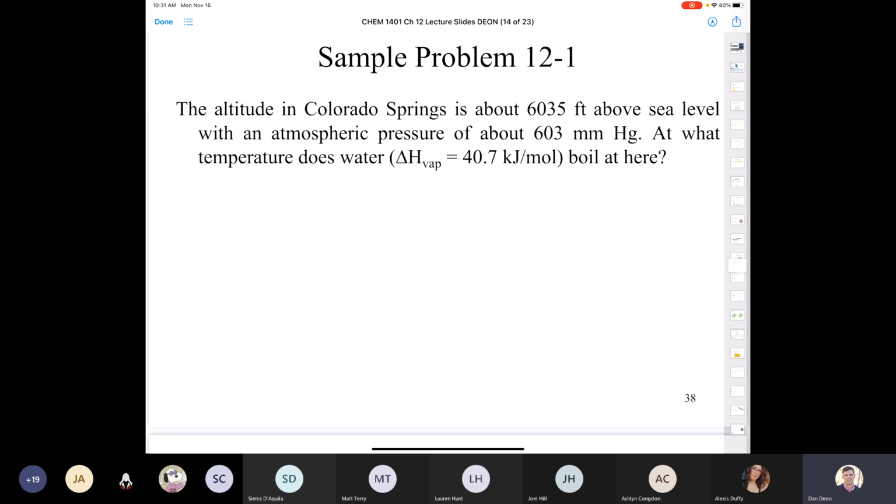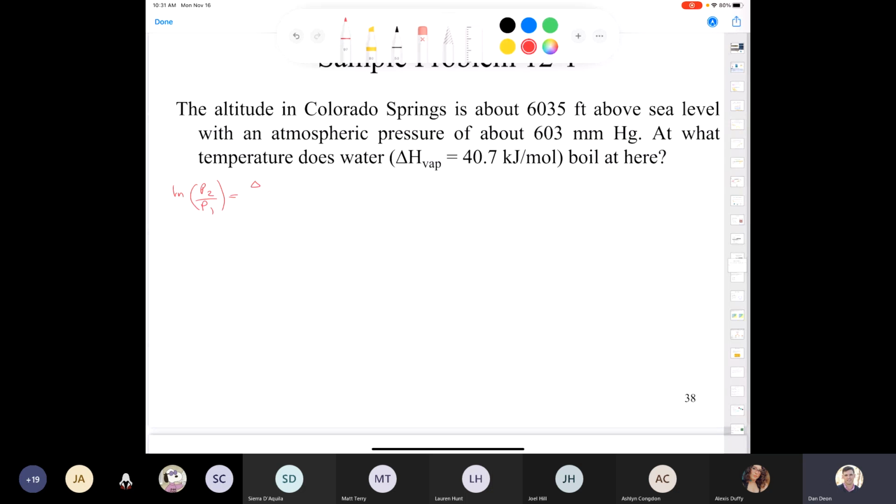So let's see, what do we have here? We have the Clausius-Clapeyron equation. I'll write it down. So it's the natural logarithm of P2 over P1 is equal to delta H of vaporization over R multiplied by 1 over T1 minus 1 over T2.